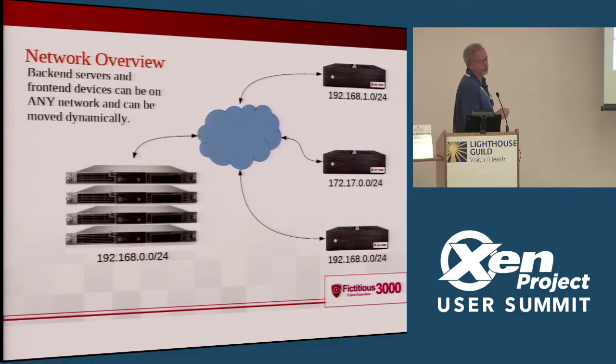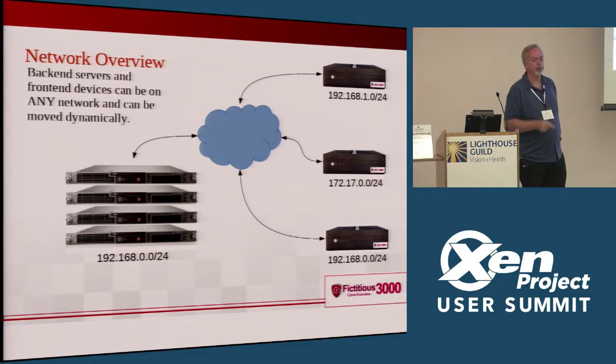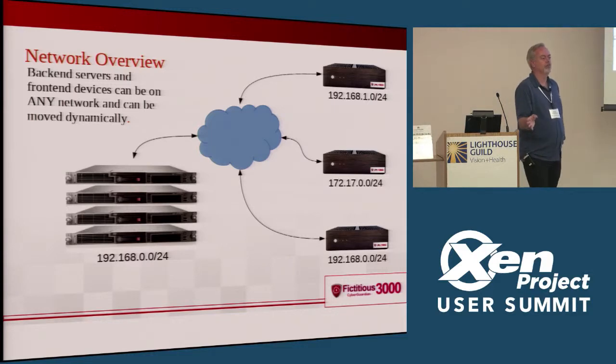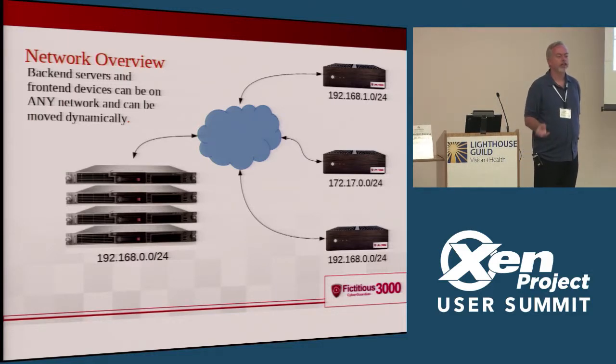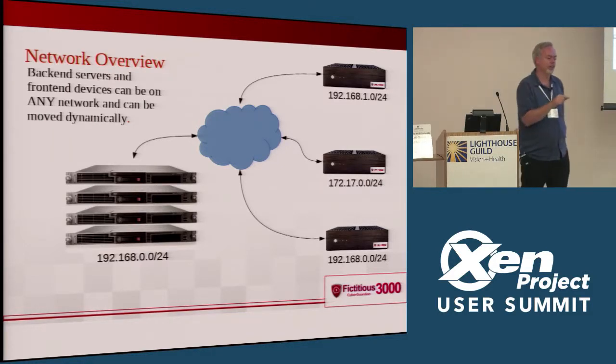Okay, network overview looks something like this. Now, one of the requirements was that we would have to have overlapping networks. So let's say client A has their entire infrastructure on 192.168.0.0/24. And then we have another client that we pick up, another customer, and their network is exactly the same network, 192.168.0.0/24.